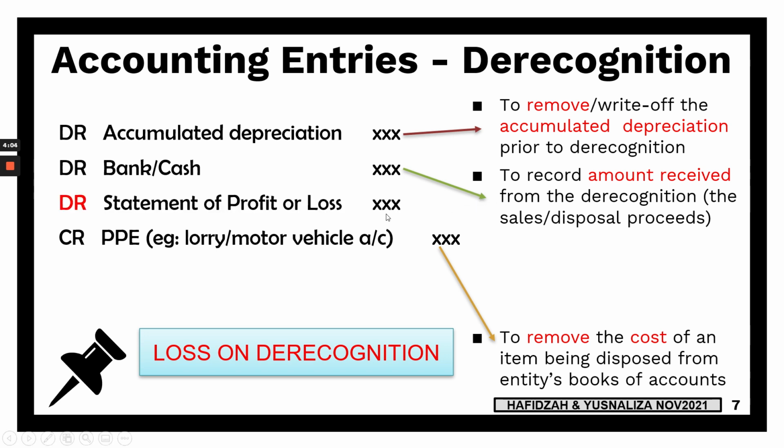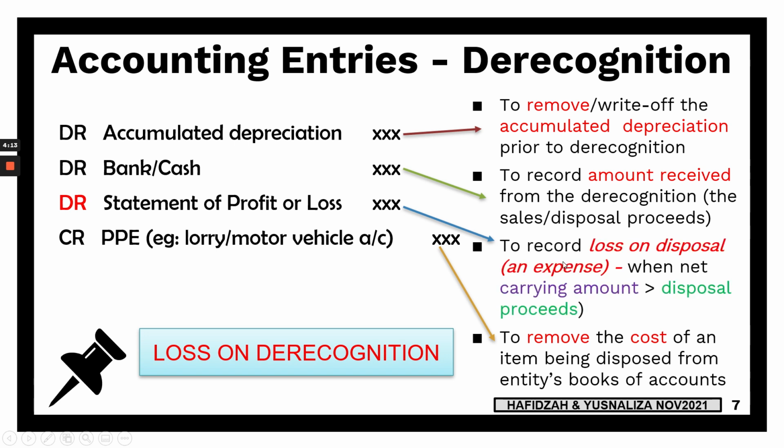If there is any loss, it will be debited to the statement of profit or loss. The loss is an expense that arises if the carrying amount of the item disposed exceeds the disposal proceeds.